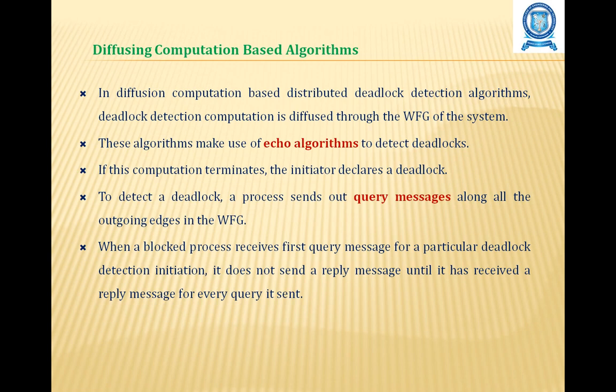When a blocked process receives the first query message for a particular deadlock detection initiation, it does not send a reply message until it has received a reply message for every query it sent. For all subsequent queries for this deadlock detection initiation, it immediately sends back a reply message. The initiator of the deadlock detection detects a deadlock when it has received a reply for every query it has sent out.